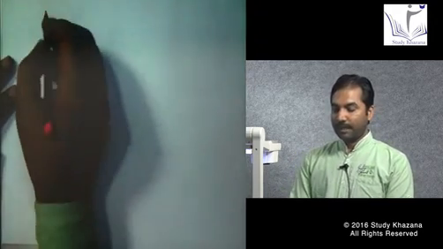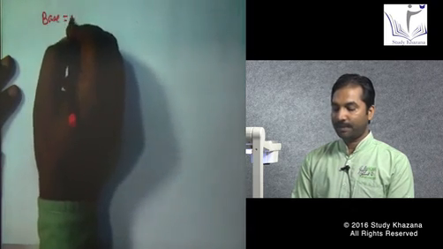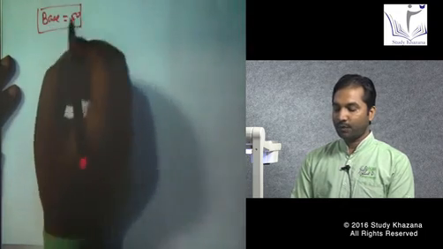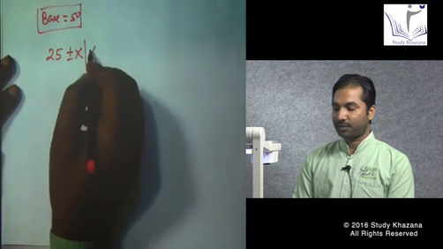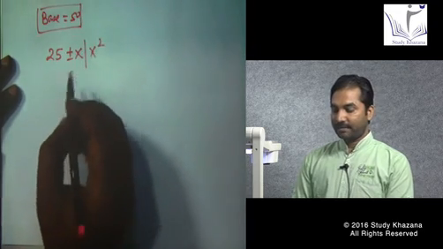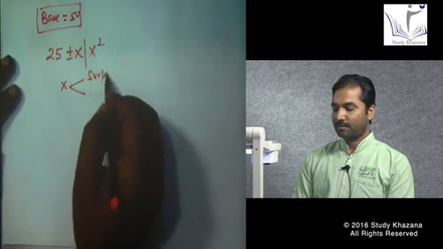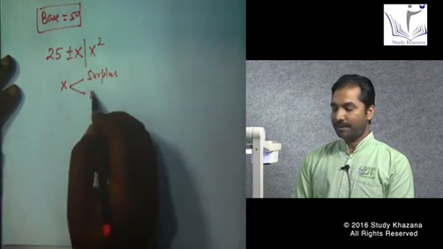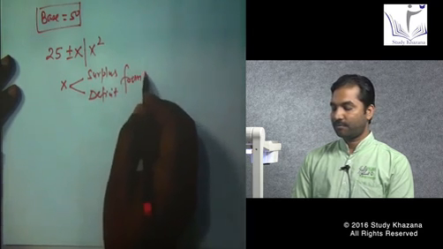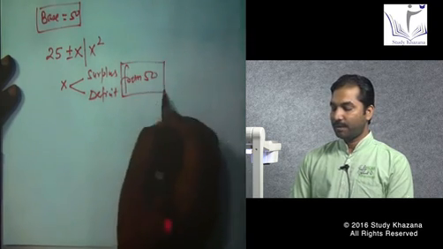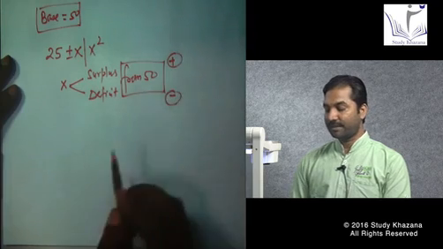It means if we take base 50, then a square is of the format 25 plus or minus x, and x square, where x is the surplus or deficit from 50, plus in case of surplus and minus in case of deficit, right?